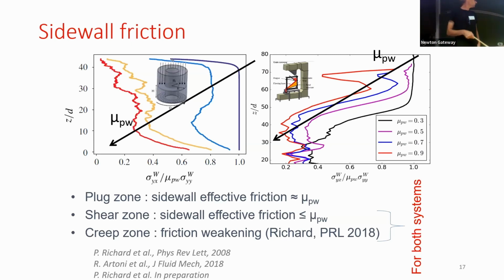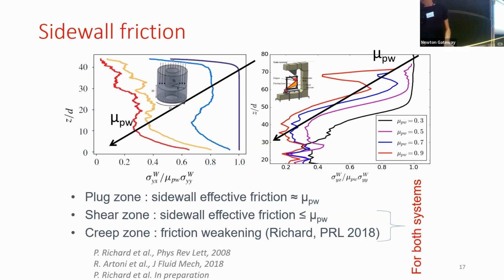But if you increase the friction coefficient, you have no more plug flow, and the shear is localized close to the bottom. What you observe is globally a decrease of the effective friction when you move towards the top of the cell.